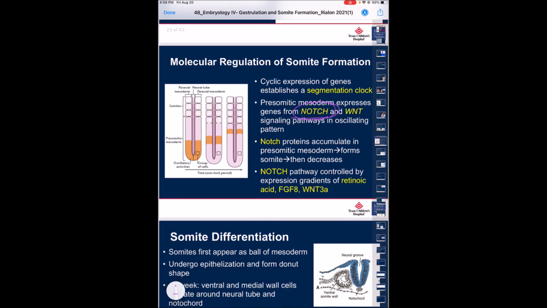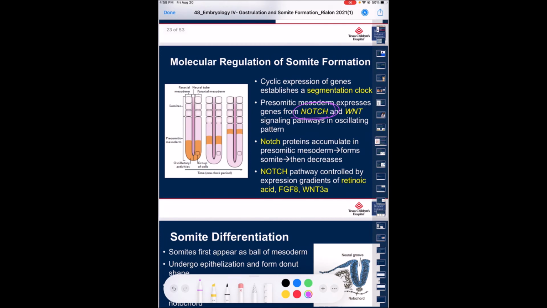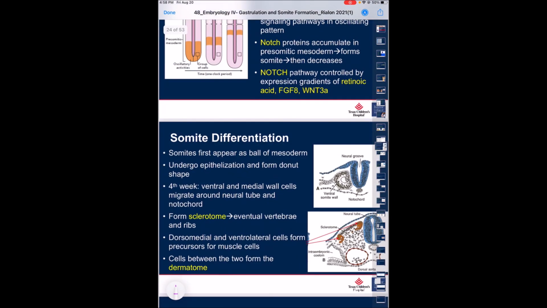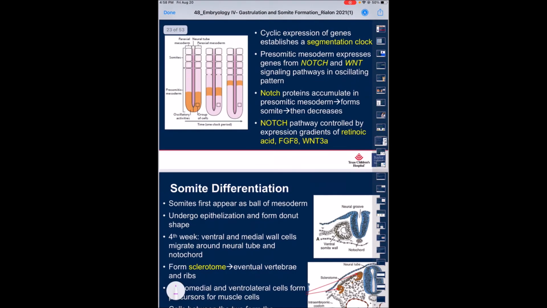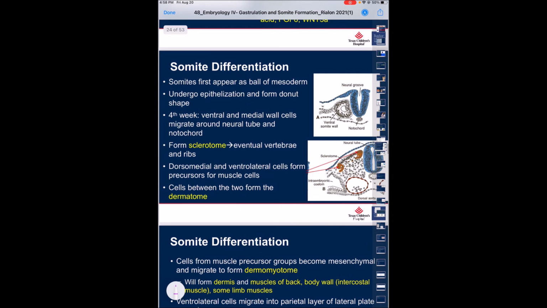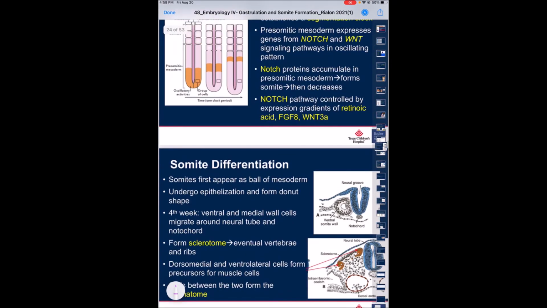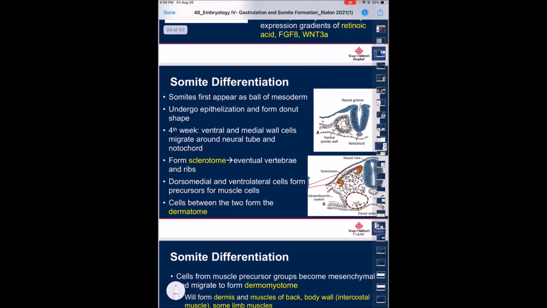Next, moving on to somite differentiation. Now let's take a look at what happens at a cellular level again. So we're going to take a break from the molecules and talk about cells again. I'm going to swap to my own drawing for this. I will credit my drawing from what's his face, the noted anatomist. I think he does a great video explaining this, so you should definitely watch his videos.